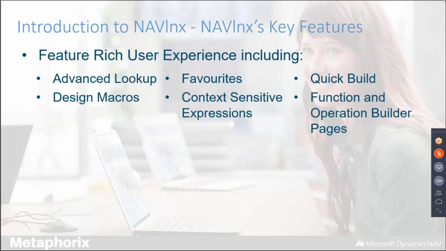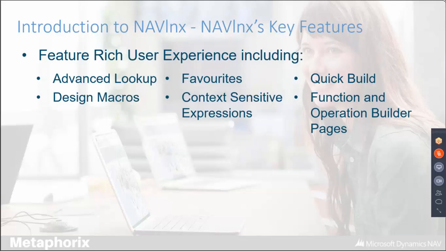NAVLNX is a feature-rich user experience, including such features as advanced lookup and user favorites. This might include commonly used tables and fields, so you have the ability to save them as favorites, and rather than having to scroll through a list of all Navision's tables and fields, you can filter by your particular favorites to view those. In addition, it offers what NAVLNX classes as quick builds, but you could also see it as a wizard-based assistance tool to help you produce or build your profiles from scratch.